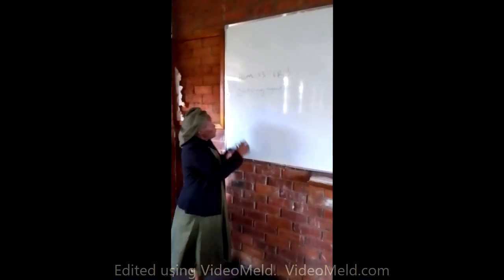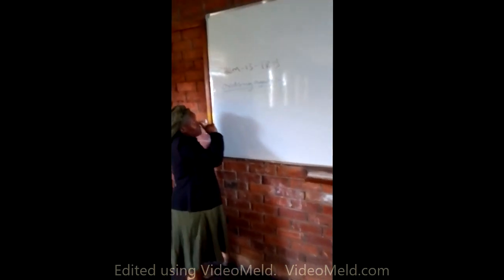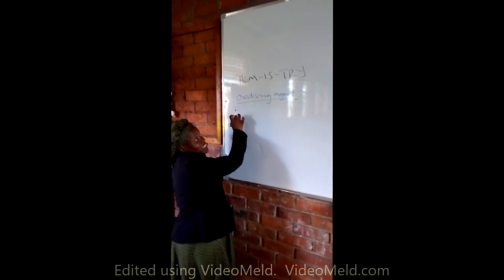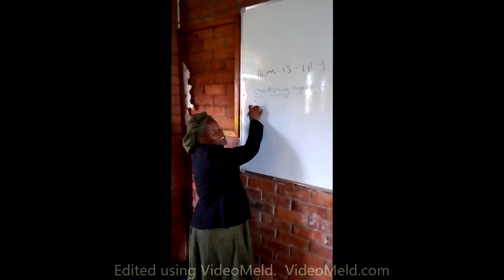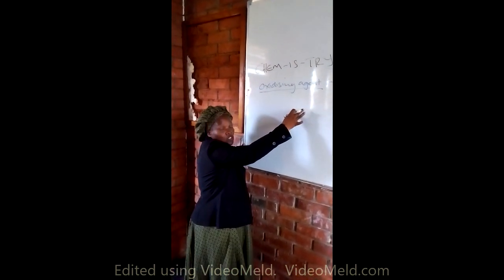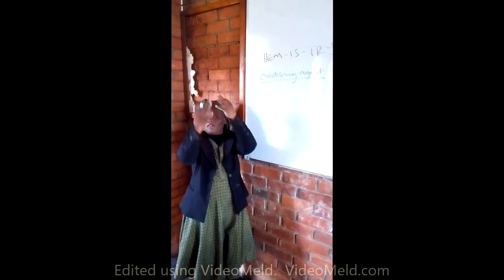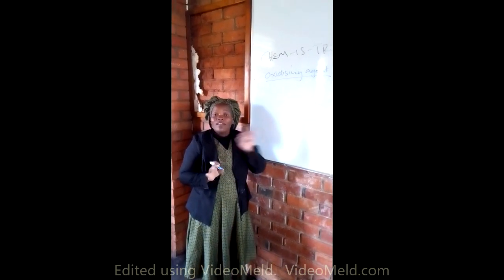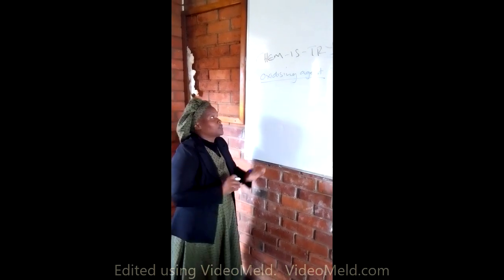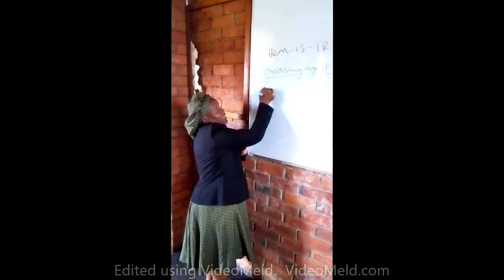So an oxidizing agent is a substance that facilitates oxidation, and oxidation, we said, is loss of electrons. So for there to be loss of electrons, it means there should be someone who receives the electrons. So in simple terms, an oxidizing agent is an electron acceptor.